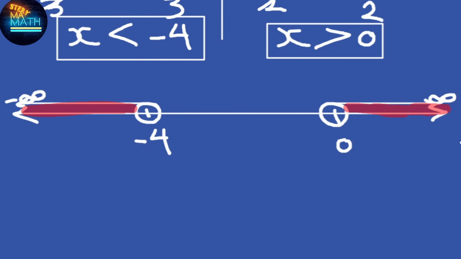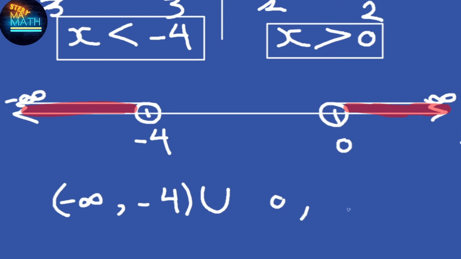And if you want to use the interval notation, you'll start with negative infinity because it's on the left, negative infinity, and negative 4. And here you will use a parenthesis, and also here you will use a parenthesis. And because you have another solution from 0 to infinity, I will use union, 0 to infinity.